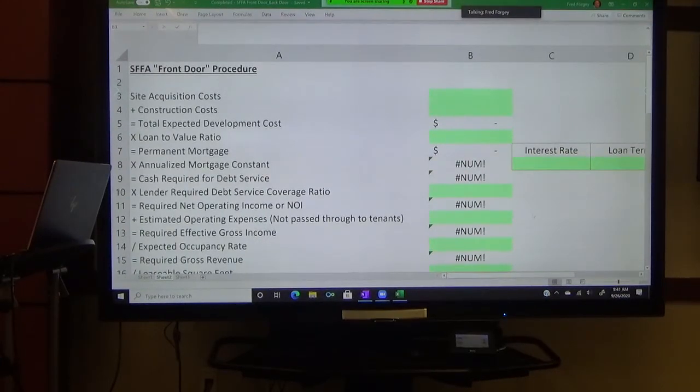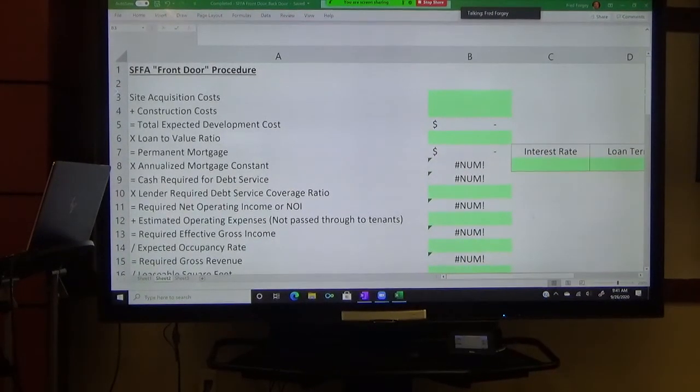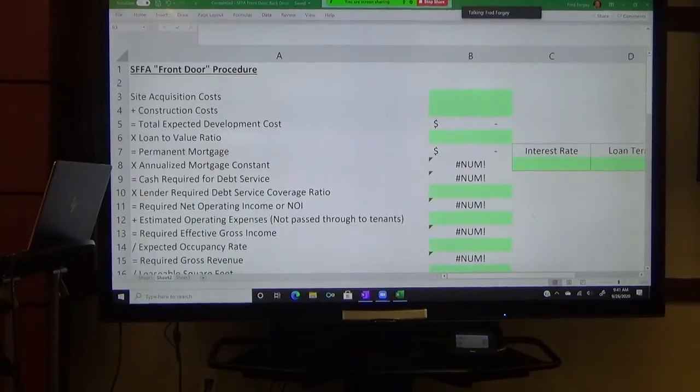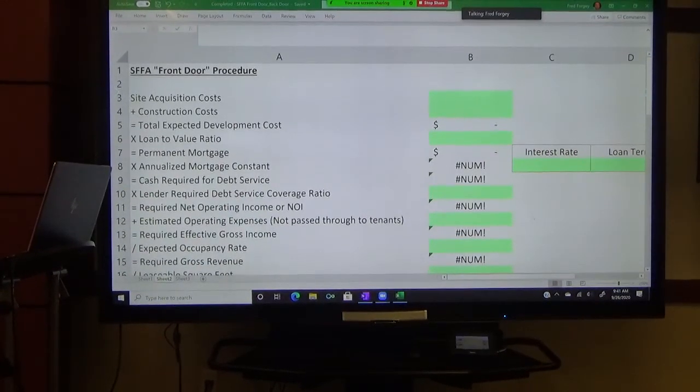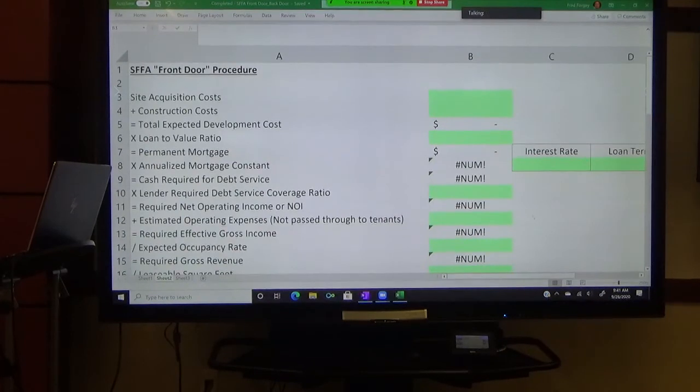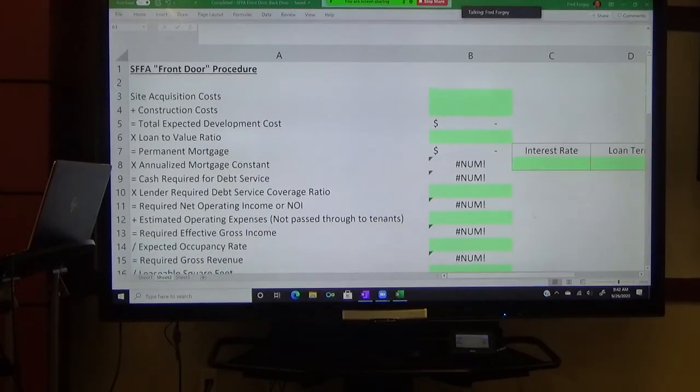Don't try to memorize this. You've got to be in tune with what these numbers are, what they mean, and how they're being used to calculate feasibility.